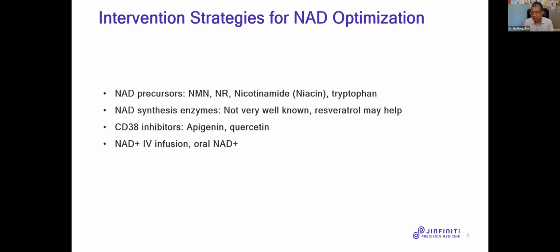And there are companies that are making and selling those supplements. And the third way to optimize your NAD is to inhibit the NAD degrading enzymes, such as the CD38 inhibitors, like apigenin. And they can be effective, especially for circulating NAD.